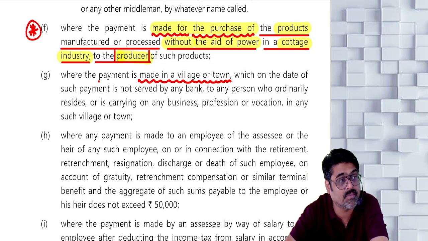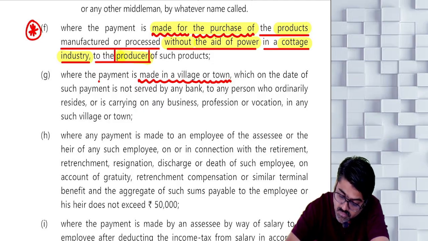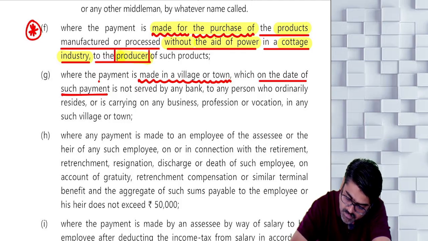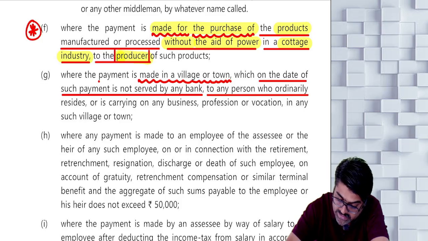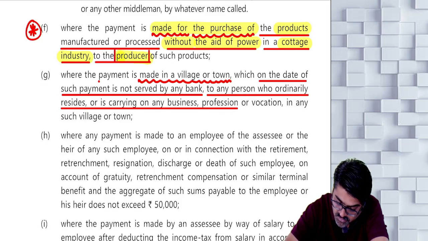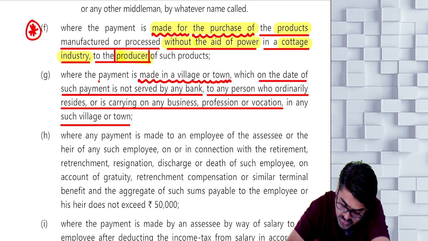So payment is made in a village or in a town which on the date of such payment is not served by any bank. And that payment in that village or in that town is made to any person who ordinarily resides or carries on any business or profession or vocation in such village or town.